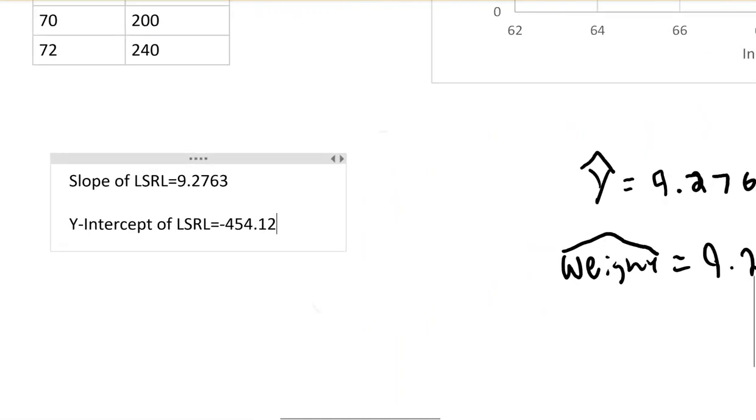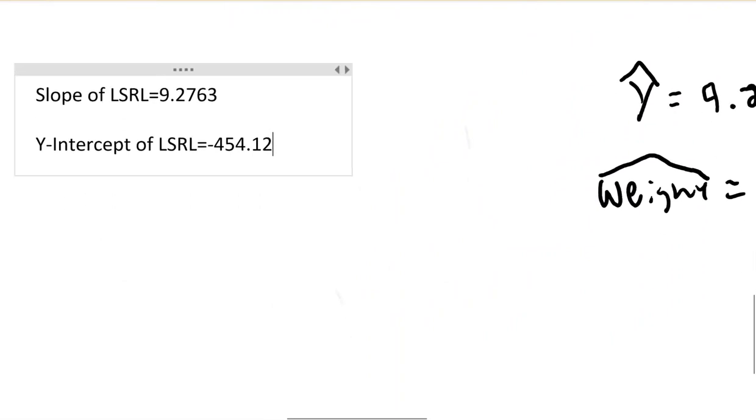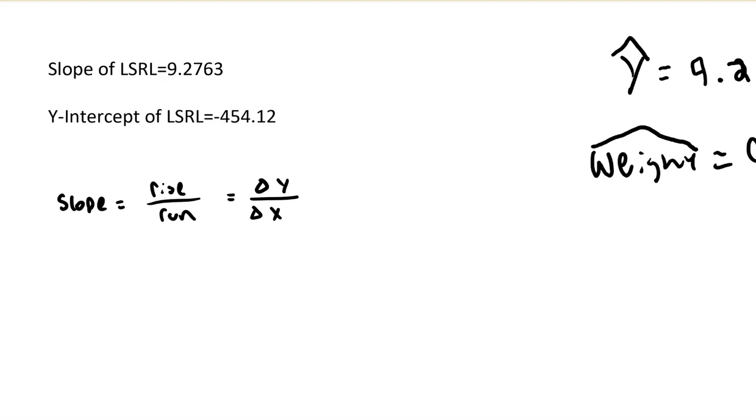So how can I interpret that with this number of 9.2763? We are going to think of this in terms of rise over run, as change in y over change in x, if you've ever seen this little notation here. We're going to make it as simple as possible and think of it as a fraction.